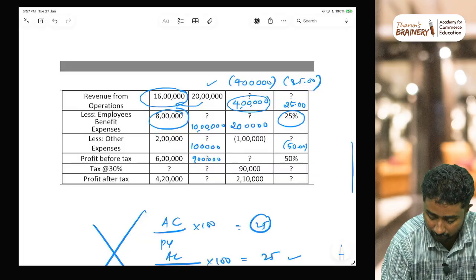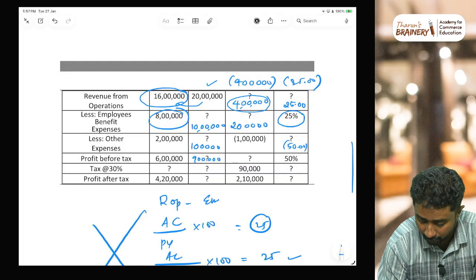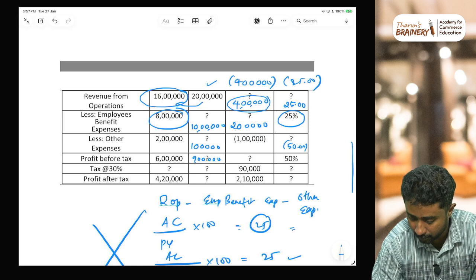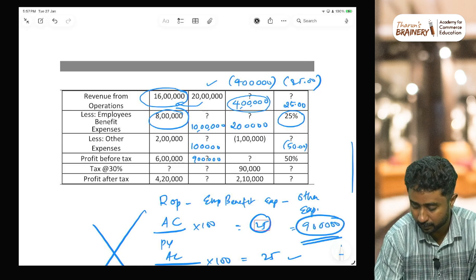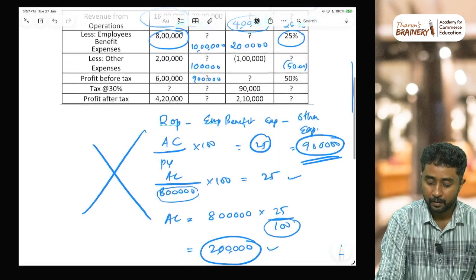Those who don't know the calculation, revenue from operations minus employee benefit expenses minus other expenses will give us 9 lakhs. Okay.